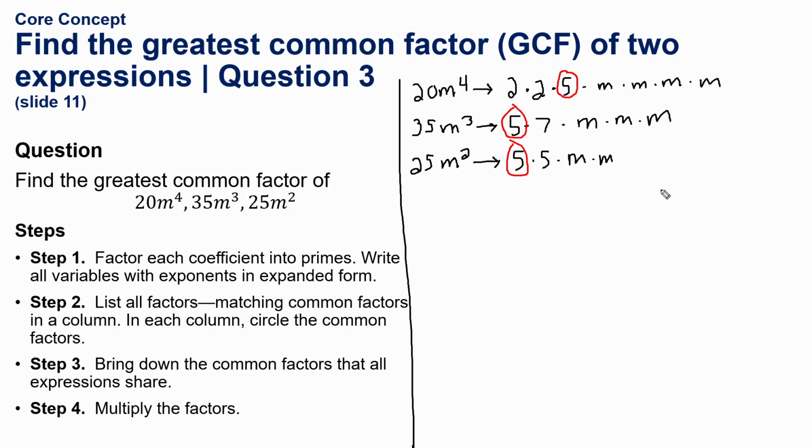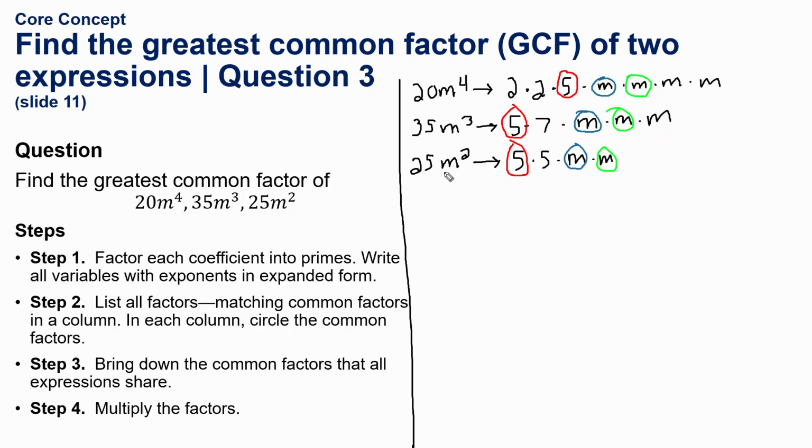Then I have my m's. So I have an m that appears here, here, and here. That's one m. And then I have another m that appears here, here, and here. But that is the last m that appears in the 25m squared. So I cannot circle the other m's here.